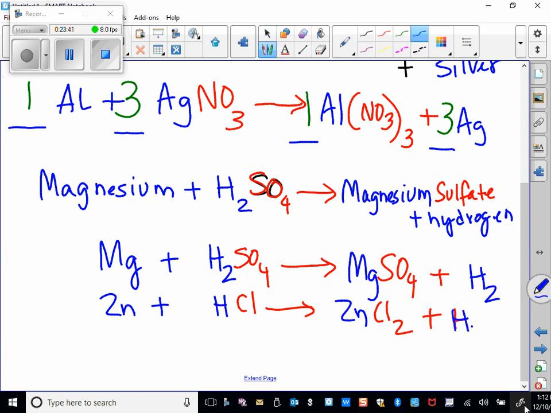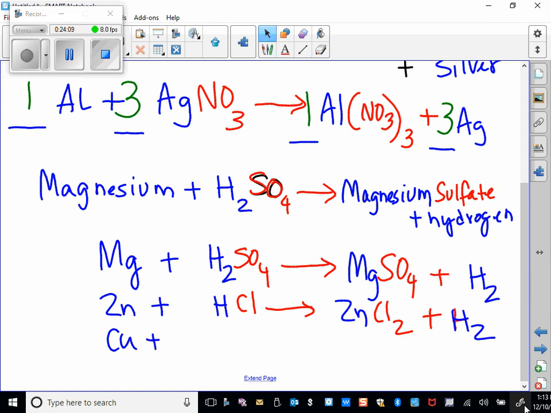Now, the acid did not react with copper. Do you remember that? Did any reaction happen with copper? No. Why? Because copper is not as reactive as hydrogen, which is what we'll come to next class. Does that make sense? So if I take copper plus HCl, do you think this reaction will occur or not?